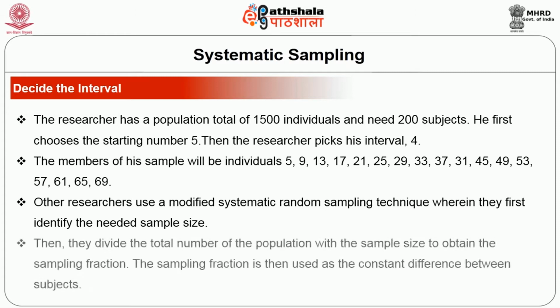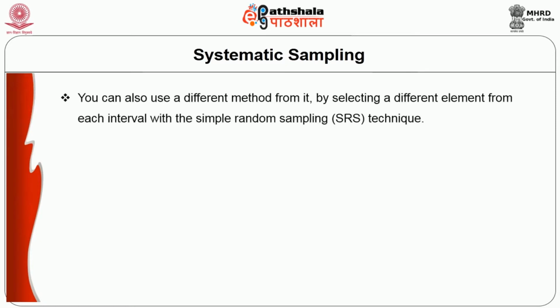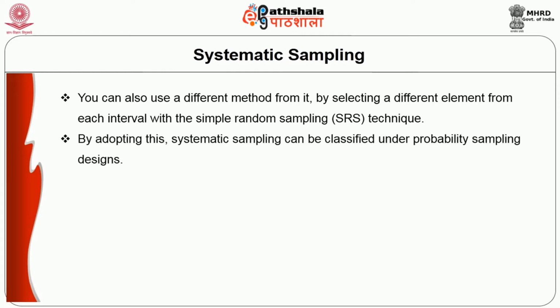Then they divide the total number of the population by the sample size to obtain the sampling fraction. The sampling fraction is then used as the constant difference between subjects. You can also use a different method by selecting a different element from each interval with a simple random sampling technique. By adopting this, systematic sampling can be classified under probability sampling designs.